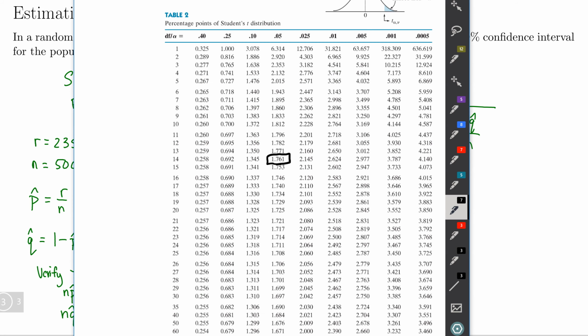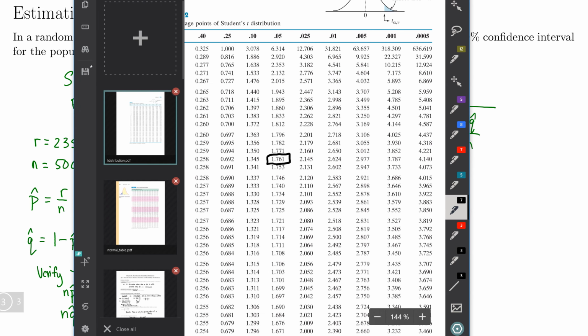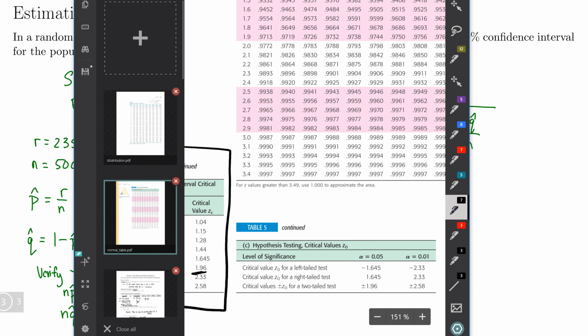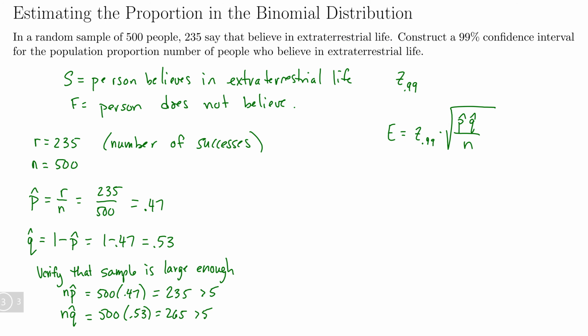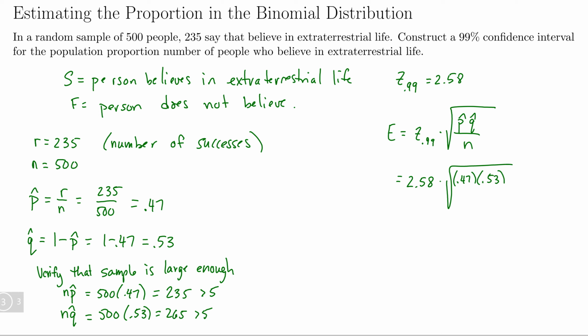Again, we can get this directly off of the normal distribution table. We can see here that for 99%, the critical value is 2.58. So we have 2.58 times the square root of 0.47 times 0.53 divided by n, which is 500.